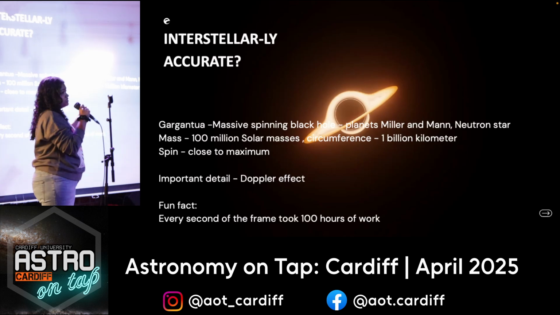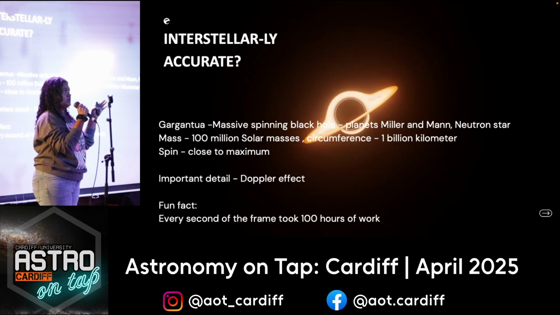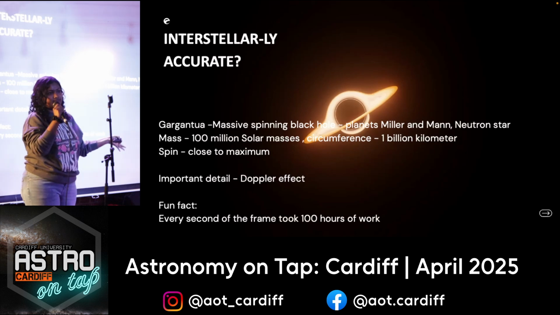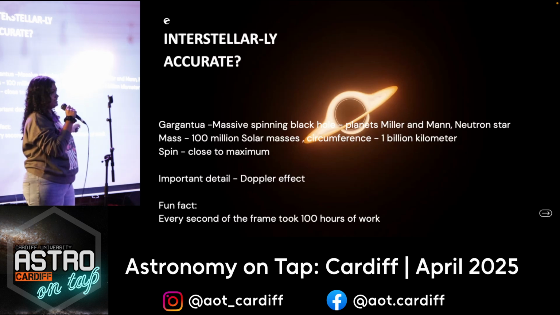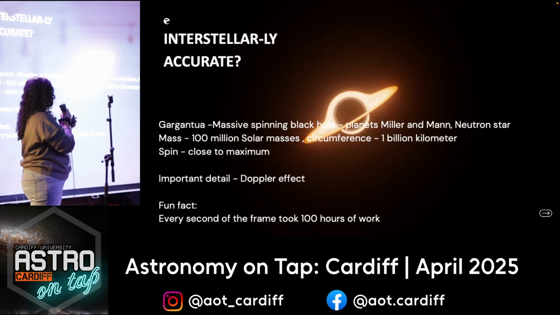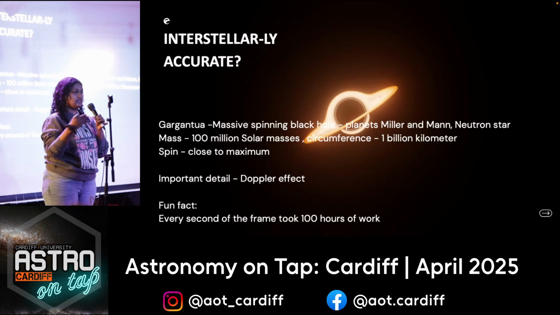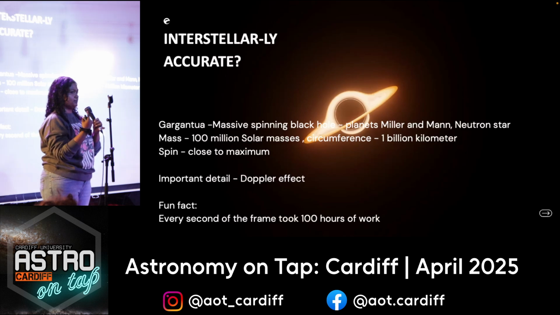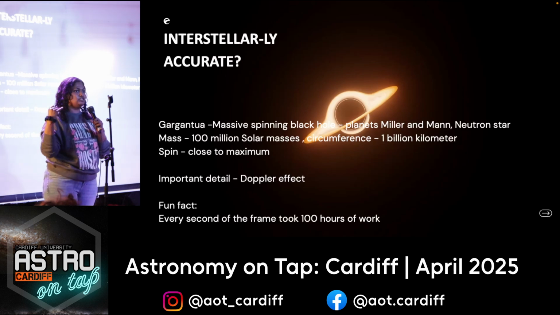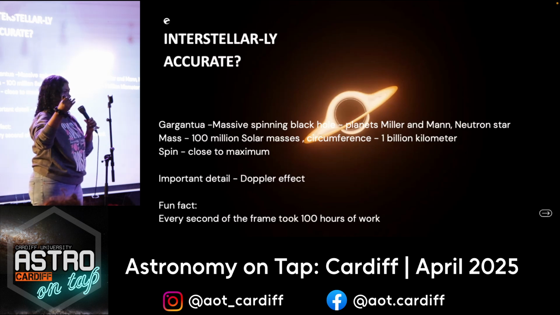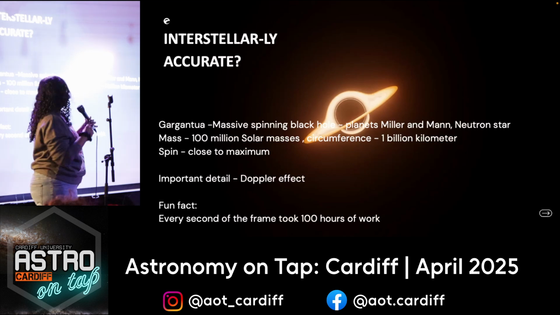So Gargantua was quite accurate when it came to simulating a real life black hole, except for one key detail, that's the Doppler effect. The accretion disk, the matter that's surrounding the black hole, that's nearer to us is usually bluish in color, and the matter that's far away from us is usually dimmer or hotter, so it's reddish in color.